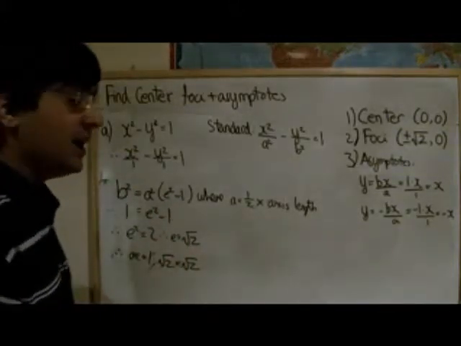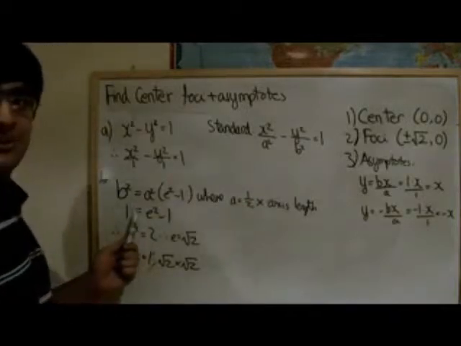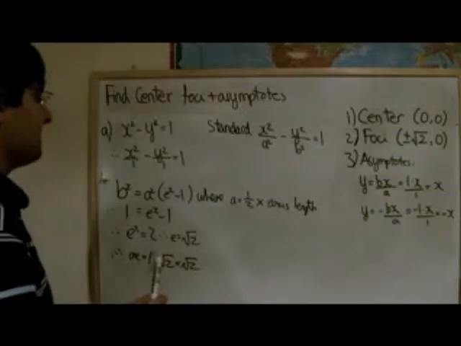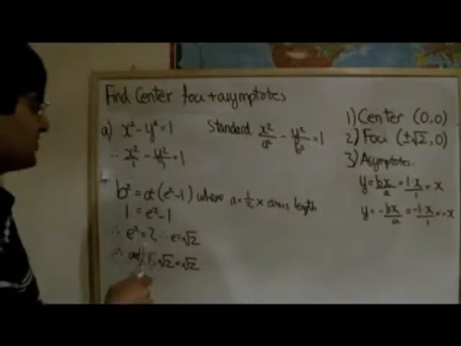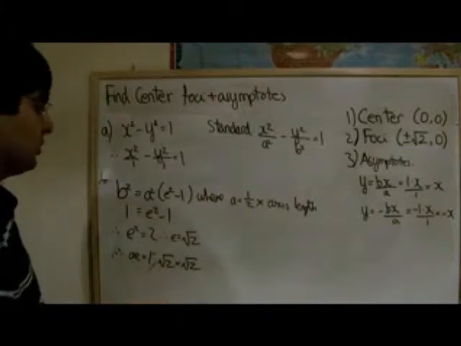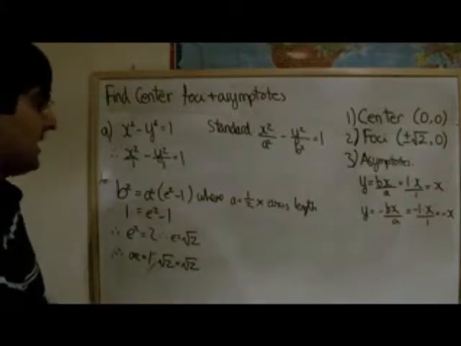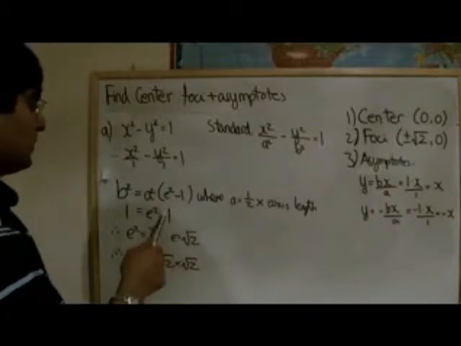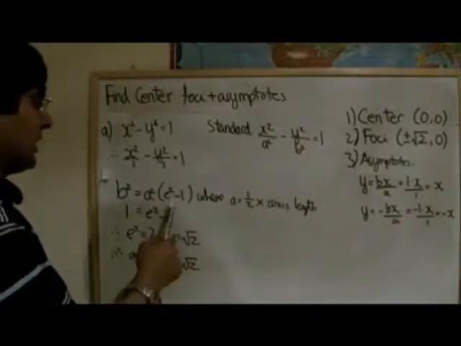How do we find the foci? There was no room for this relation in the previous video, so we're going to introduce it here. You came across a relation which said b squared is equal to a squared times 1 minus e squared when it came to ellipses. A similar relation does exist in the case of hyperbolas, but instead of 1 minus e squared, it's e squared minus 1.